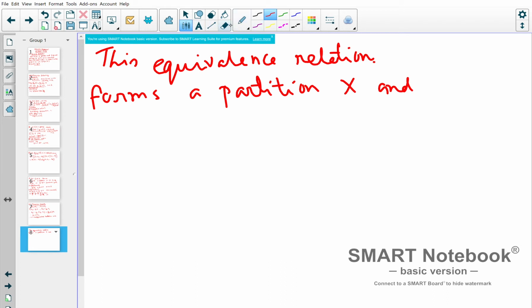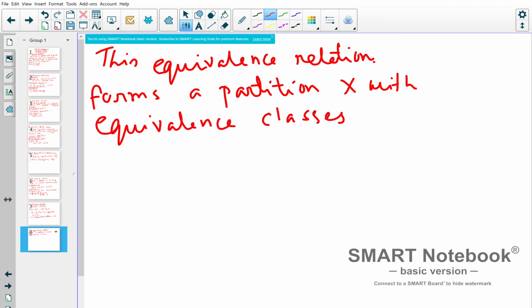So let me write down the full thing. Those equivalence classes are a partition, right?